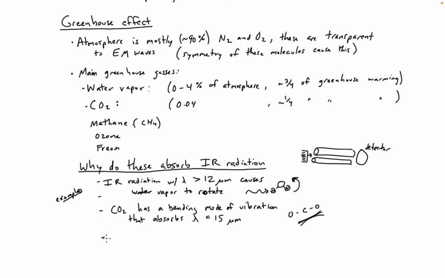And there's also absorption at many other wavelengths. So these are just some main examples of what's happening at a molecular level when these wavelengths of light travel through a gas that has water or CO2 in it.